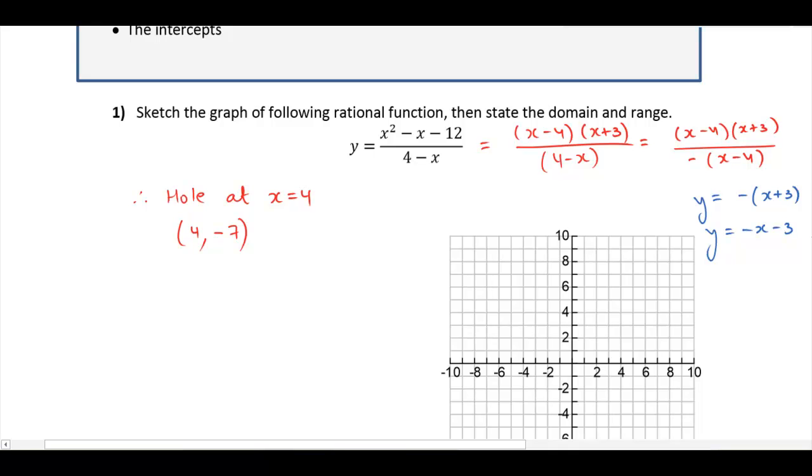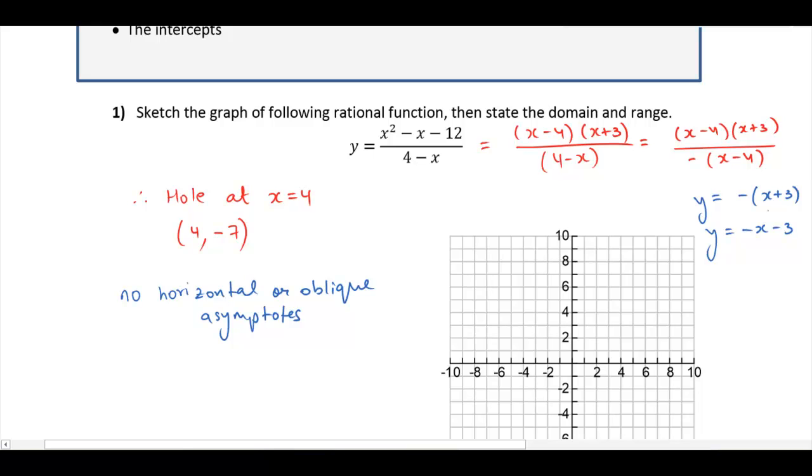That's the kind of graph I'm getting over here, which tells me the next thing, that I no longer have any horizontal or oblique asymptotes. So no horizontal or oblique asymptotes. And again, I know that because the reduced form is just a linear function.